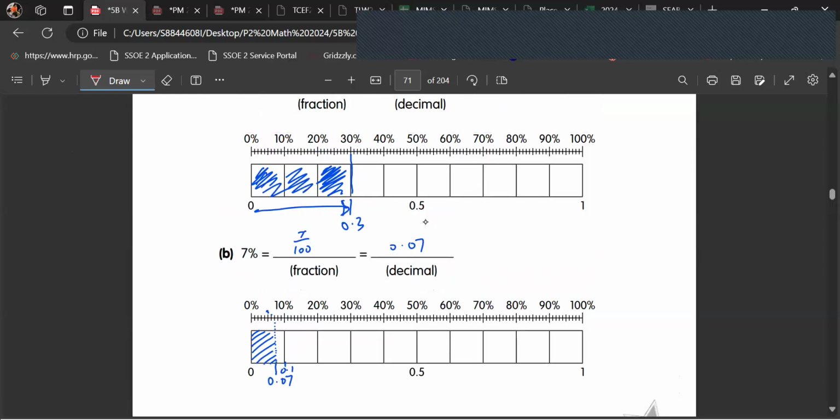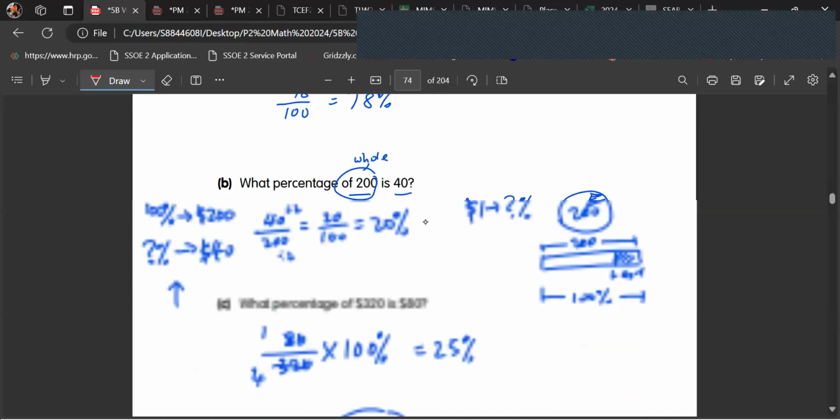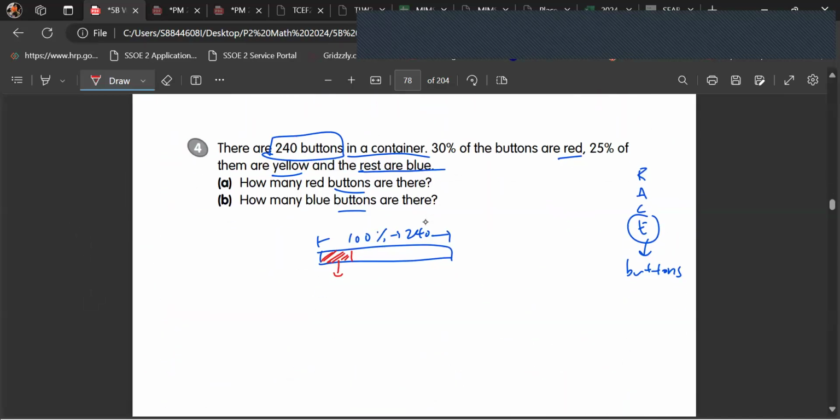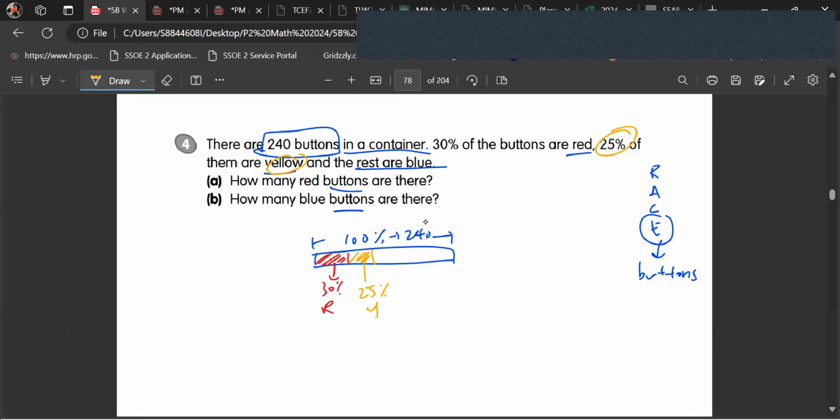Why this question appears here is to help us be sensitive to how we can draw a model later. Okay? So it's how they are linked up. Okay, so 30% red, 35% yellow. Somewhere here, the layer, 35% yellow, and then the rest are blue.